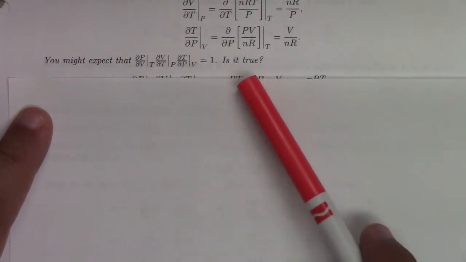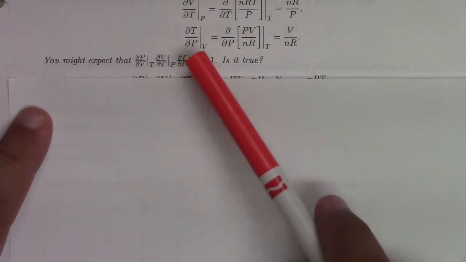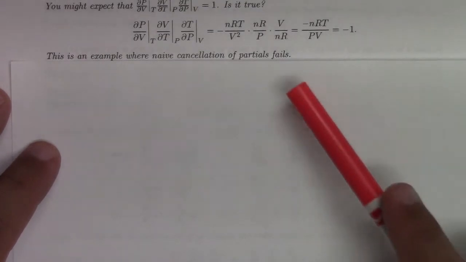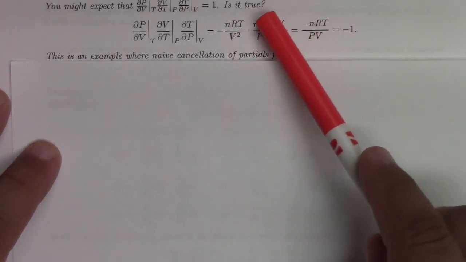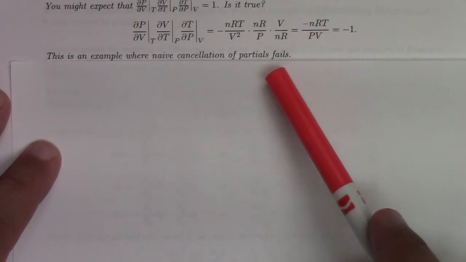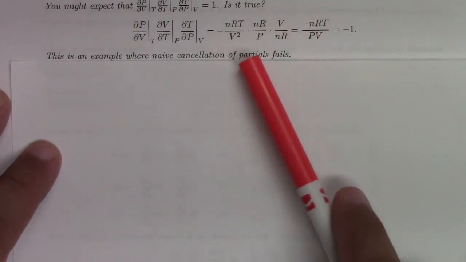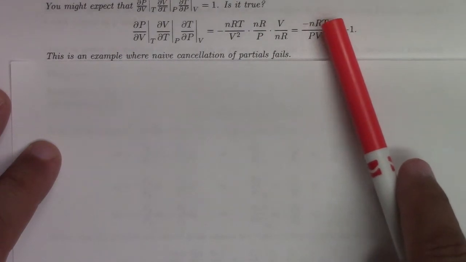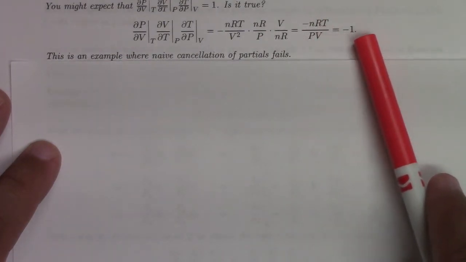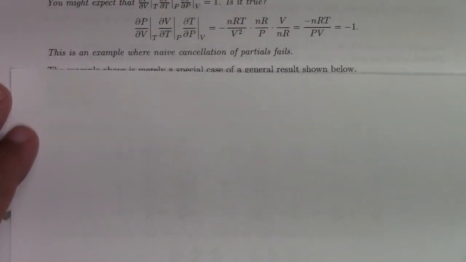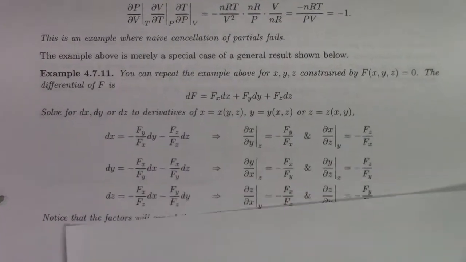You might expect that you get 1 because you can kind of think about the partials canceling, but it's not the case. Actually, when you put the calculations we just did together, you get minus nRT over v squared times nr over p times v over nr, and things cancel and leave you with minus nRT over pv, which is of course minus 1. So this is an example where naive cancellation of partials fails.